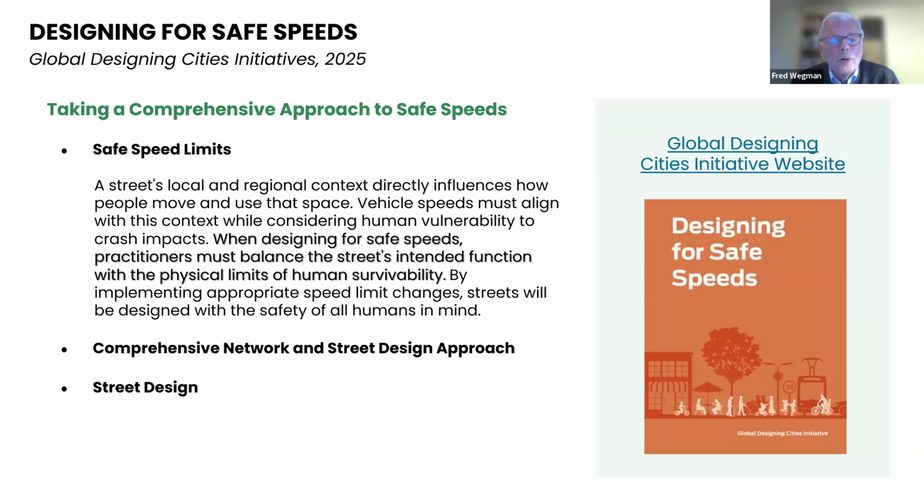And it's important to see what I indicated a little bit in this first slide, is that on the one hand, you have the function of a street, and importantly, we have physical limits of human survivability in a crash. So these 2 elements are critical. Next, please.